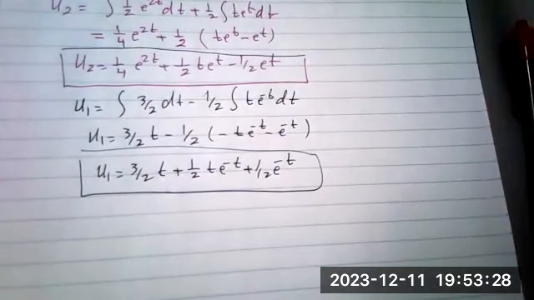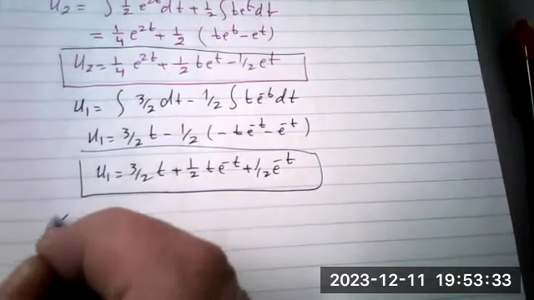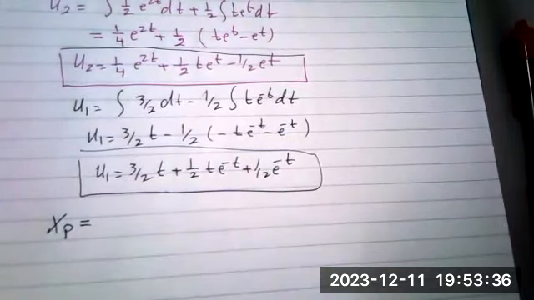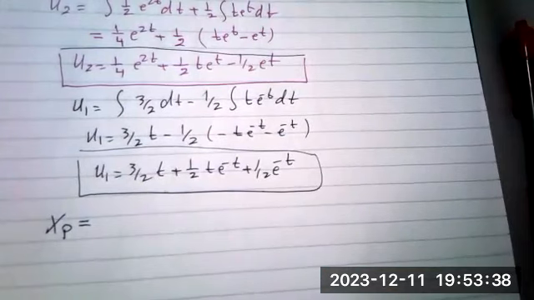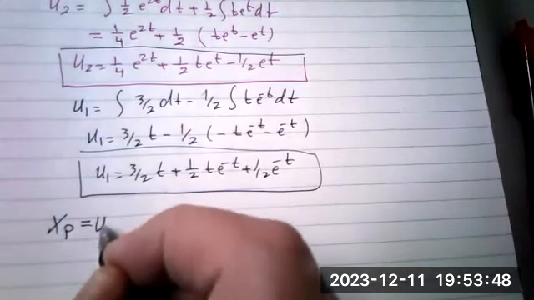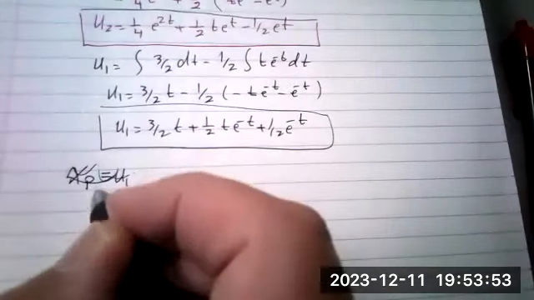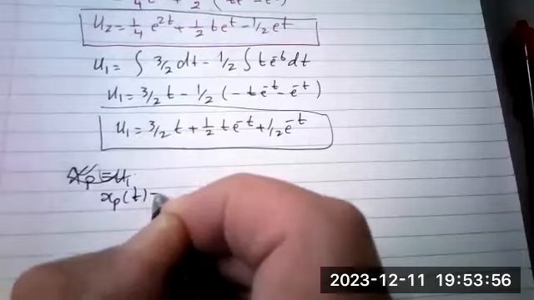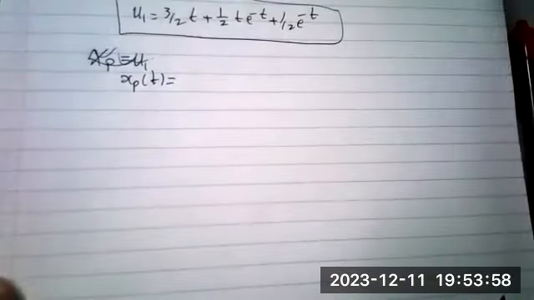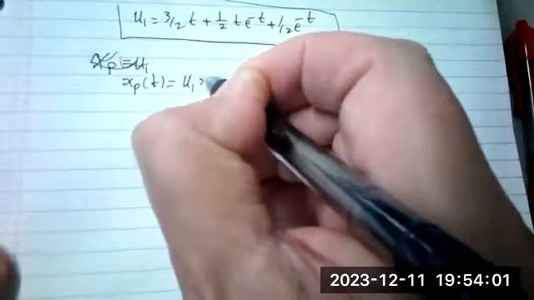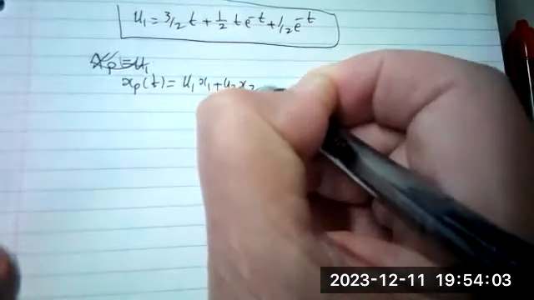You have to go back and multiply, because your x of p is going to be this one now. x of p of t is going to be U1 x1 plus U2 x2.